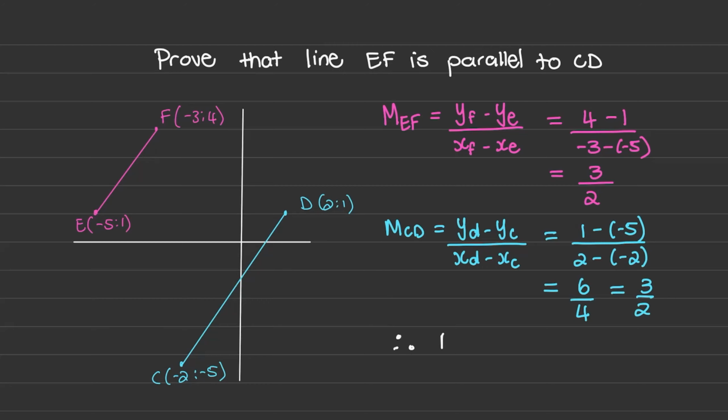Therefore, we can conclude that the gradient of line EF is equal to the gradient of line CD, and therefore the line EF is parallel to the line CD. It's important when you make these comparisons that you show what you have calculated and then end with the conclusion that EF is parallel to CD.